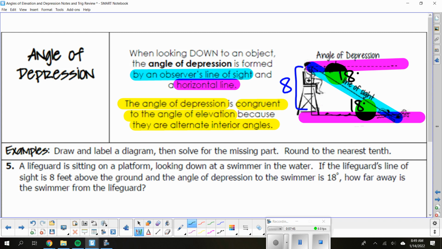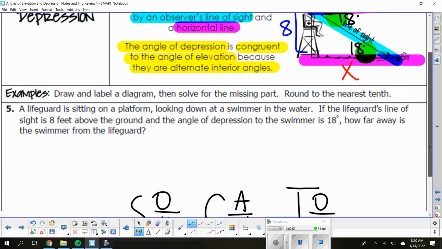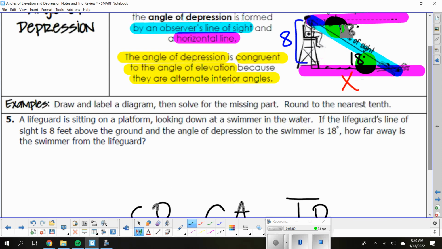They want to know how far away the swimmer is from the lifeguard. So how far does he have to swim to get to the lifeguard chair? Now, I'm standing at 18, so 8 is opposite of me, across from me. And x is next to me, so it's adjacent.